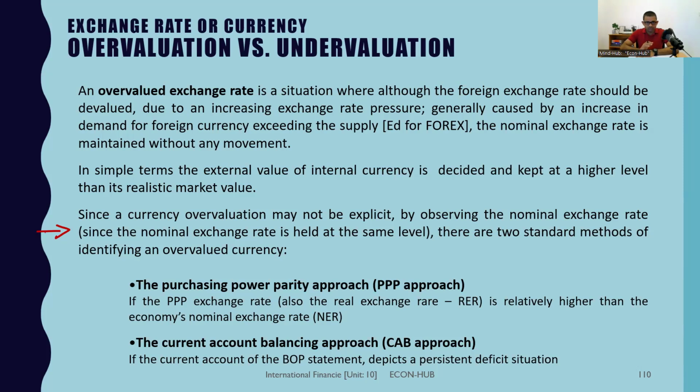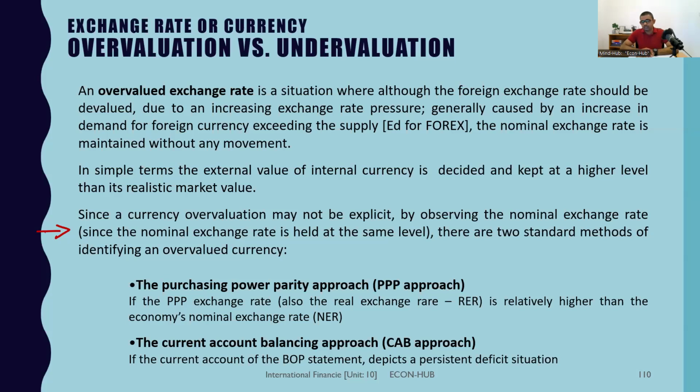There's no direct explicit indication. Direct or explicit indication is not there for an exchange rate overvaluation or undervaluation. Then how do we know? Is it a feeling? No. There are two ways you will know if your country's currency is overvalued.